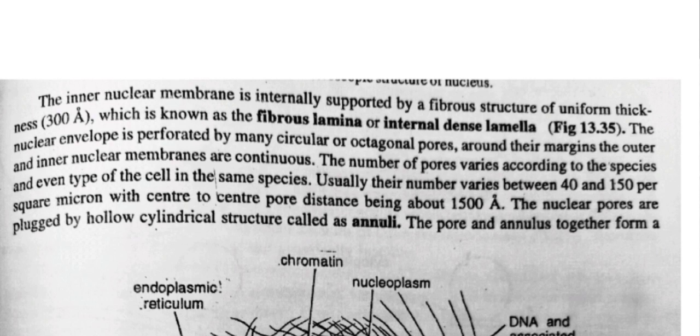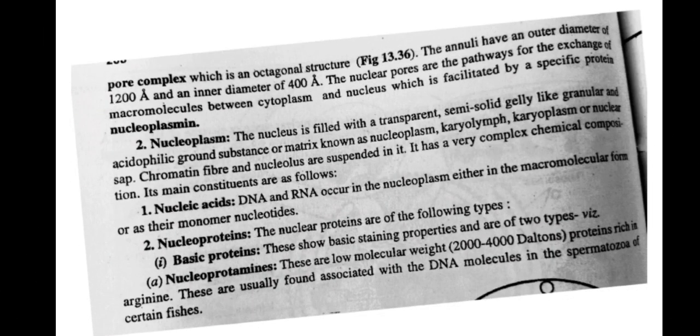The nuclear pores are plugged by hollow cylindrical structures called annuli. The pore and annulus together form a pore complex, which is octagonal in structure. The annuli have an outer diameter of 1200 angstrom and an inner diameter of 400 angstrom.